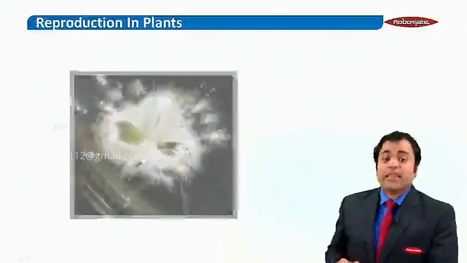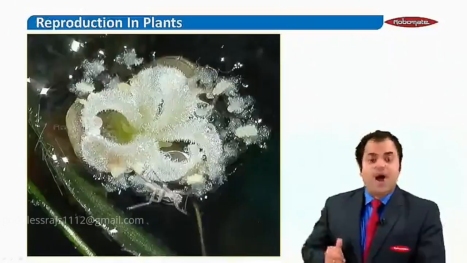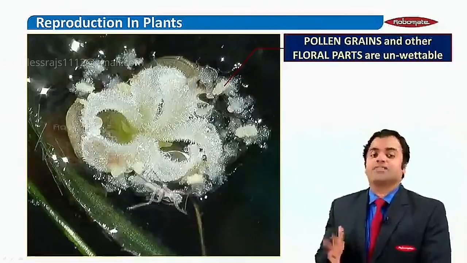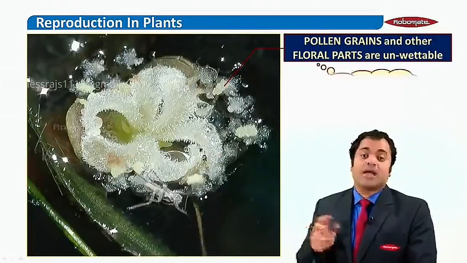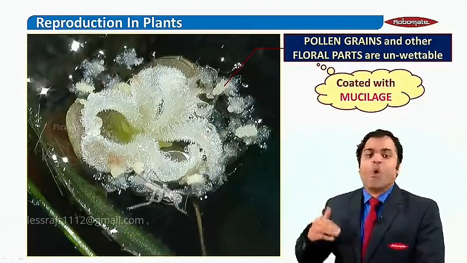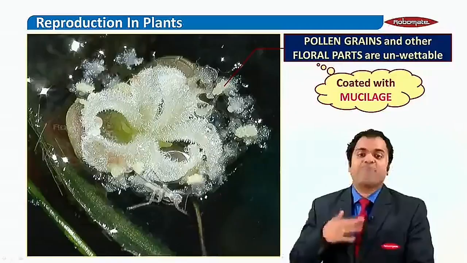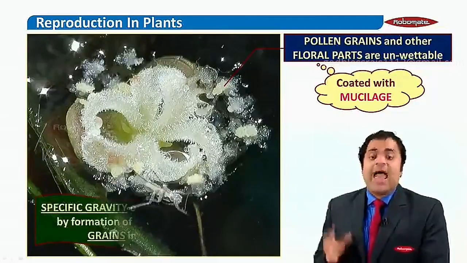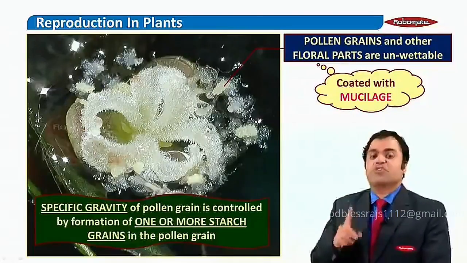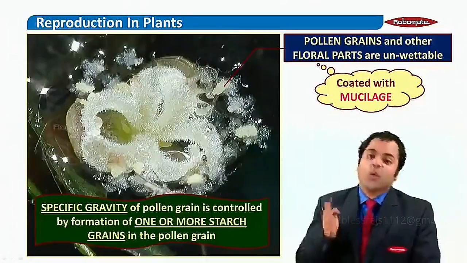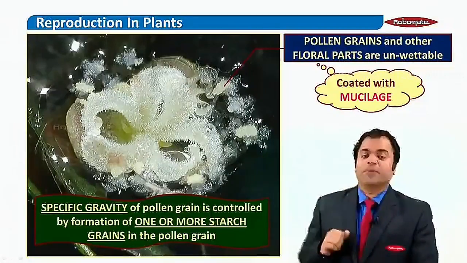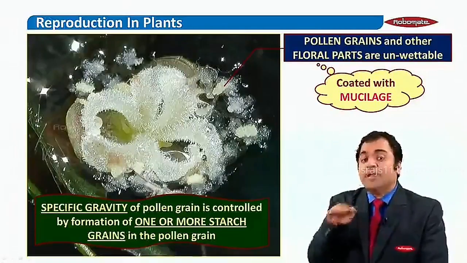Moving on. Now if I look at the floral parts, especially the pollen grains and other floral parts, they are unwettable because they are covered by a layer of mucilage. And imagine, these plants have to always be in water, so they better have parts that are unwettable, right? And remember, the specific gravity of pollen grain is controlled by formation of one or more starch grains within the pollen grain, because this will help in proper floating of the pollen either above or right below the surface of water.